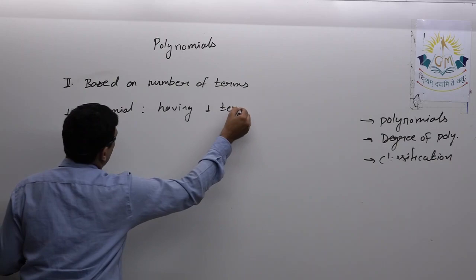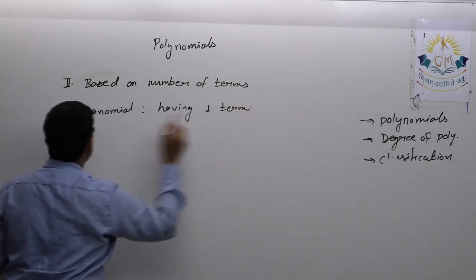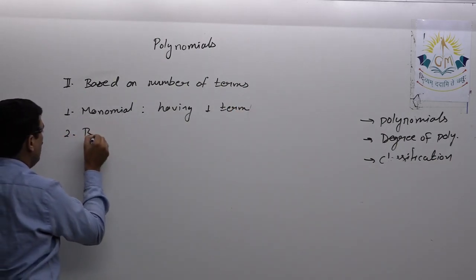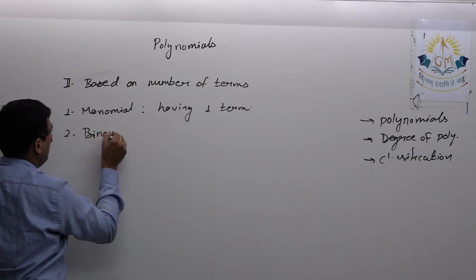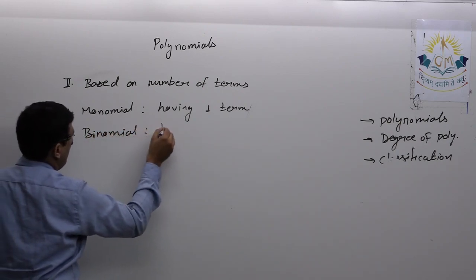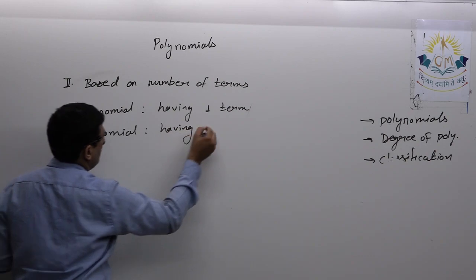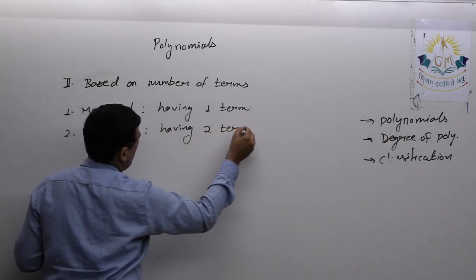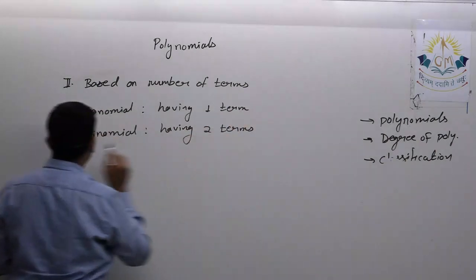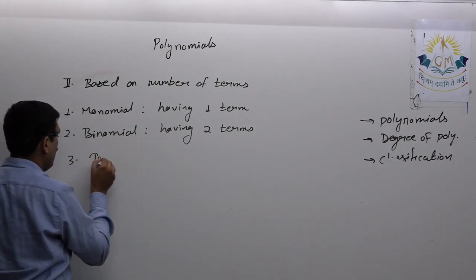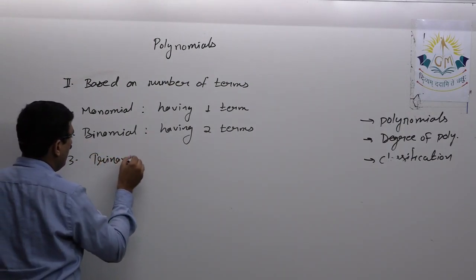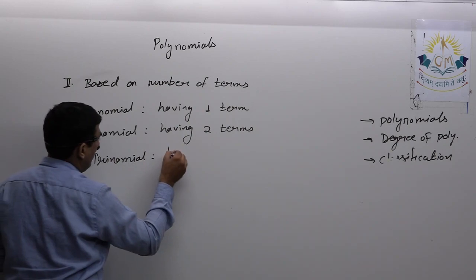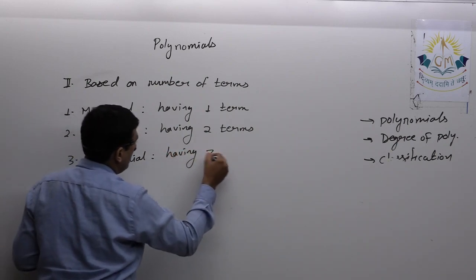Now the second is binomial, having two terms. Third is trinomial, having three terms. Simple.